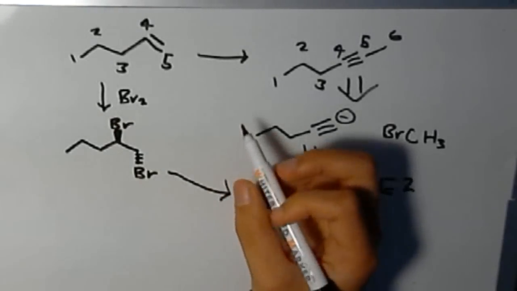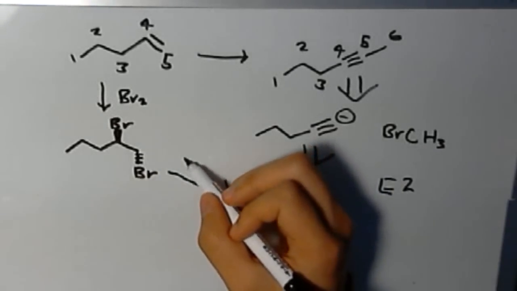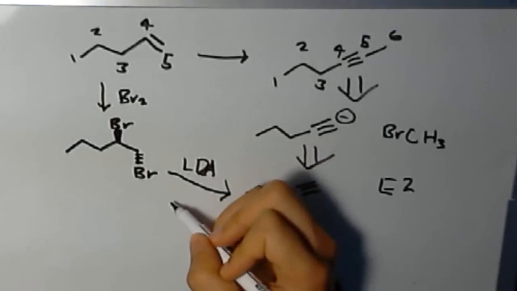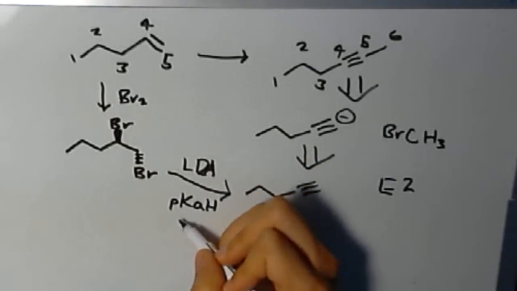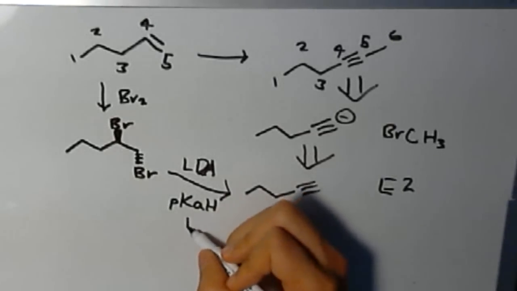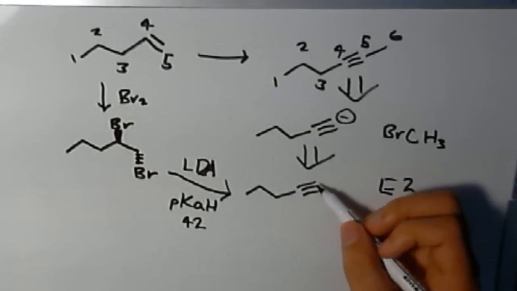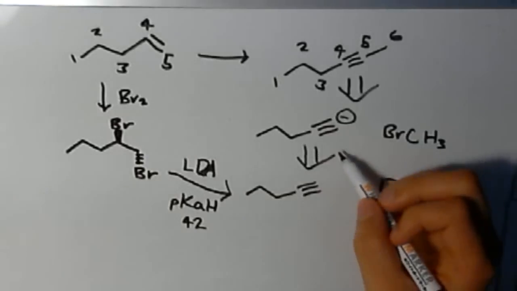So this is going to be a strong base. I will just use LDA because it has a pKa of 42. So that's a very strong base, right? And is this going to deprotonate the alkyne again?